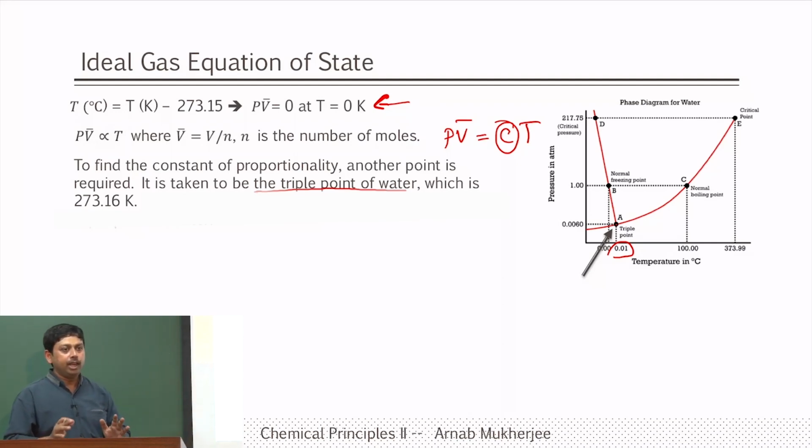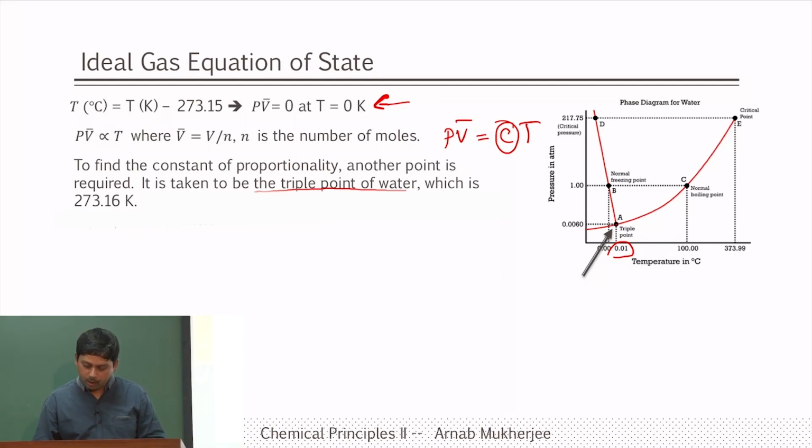Now, let us say if an object is in contact with that particular system in which all three phases of water coexist, then that value will always be fixed at 0.01 degree centigrade.